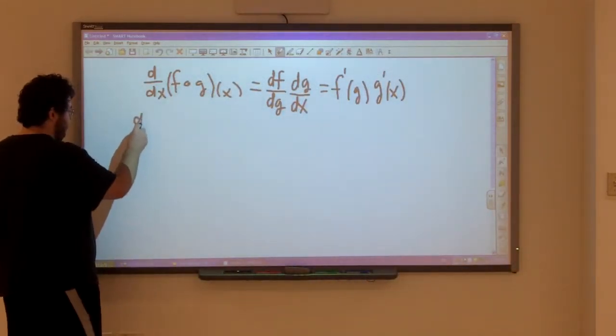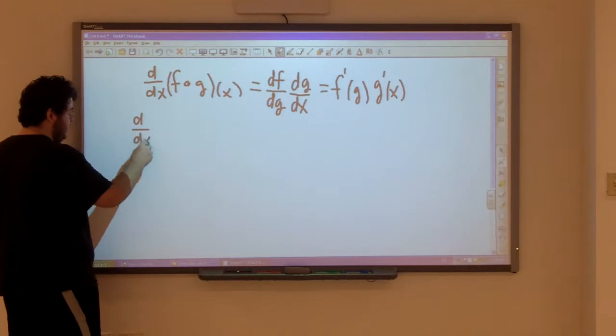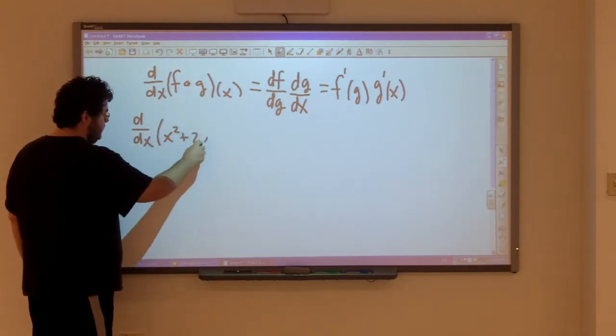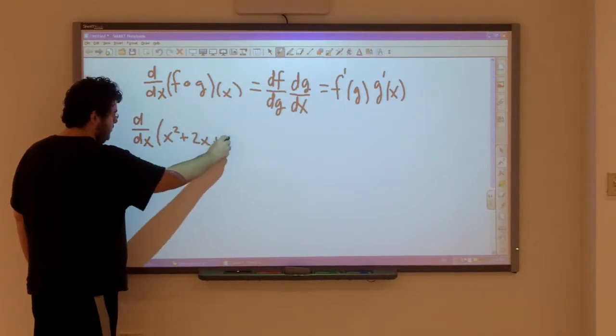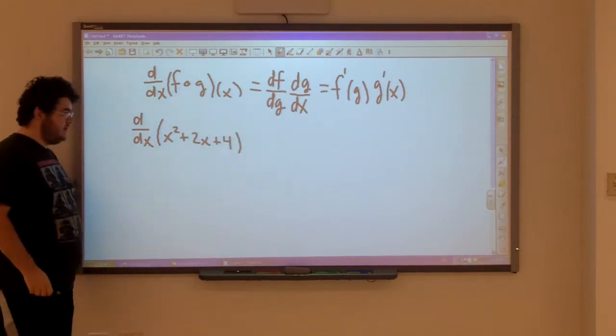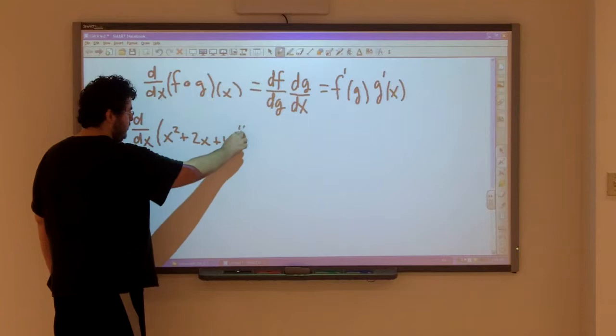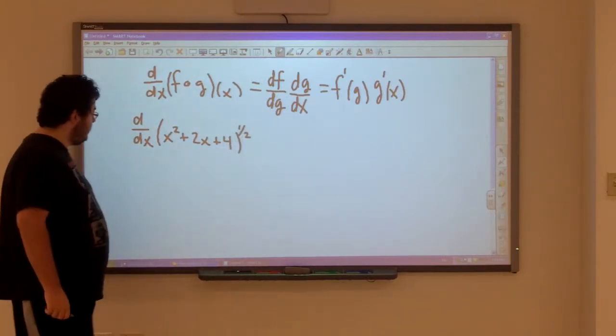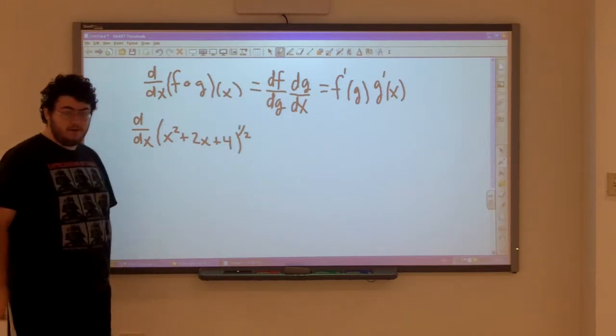So let's say we want to find the derivative of x squared plus 2x plus 4, all raised to the 1/2 power. So what we need to do is we can look at this as a composition of functions.